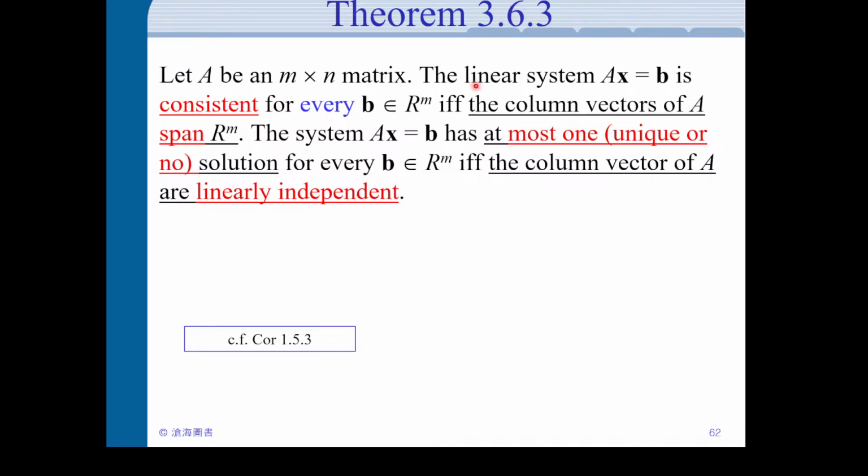The theorem actually has two statements, and both of them are true. First it says that Ax equal to b is consistent for every b in Rn if and only if the column vectors of A span Rn. This first statement looks very similar to the previous statement.